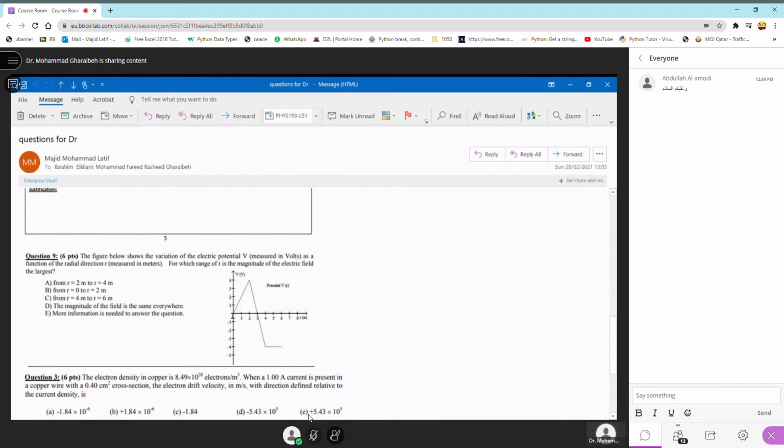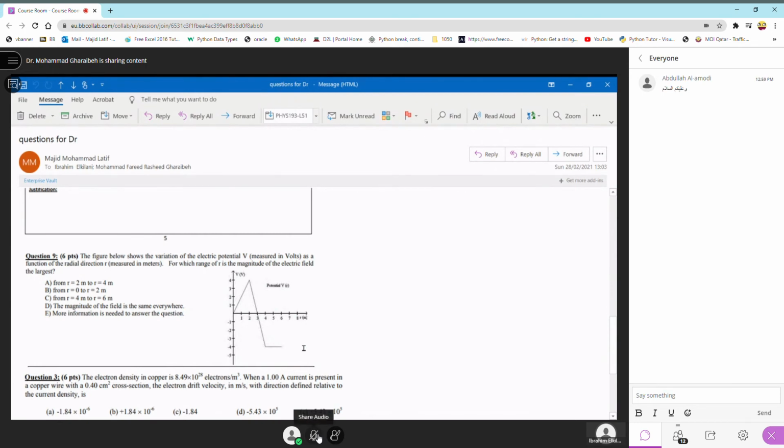It is 4 over 2 in the region from 1 to 2 meters. Now from here to here, what is the slope? It is minus 4. Minus 4, that's minus 8 over 1. So in the region from 2 to 4 is the maximum.